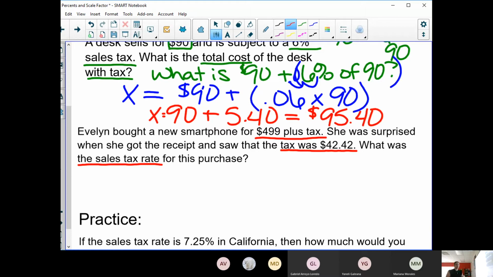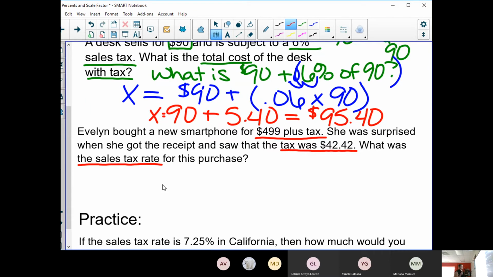Are we looking for the total with tax, the amount of tax, or the percent? We're looking for the percent.